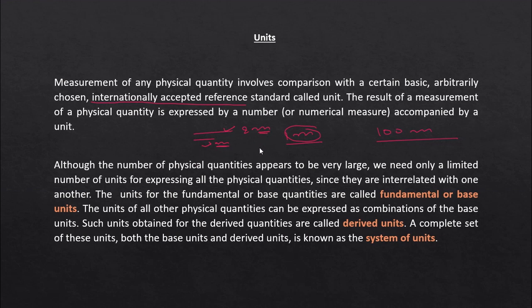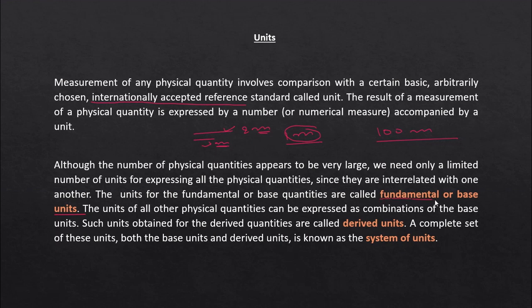Although the number of physical quantities appears to be very large, like the velocity, force and all, we need only a limited number of units for expressing all the physical quantities, since they are interrelated with one another. The units of fundamental or base quantities are called fundamental or base units.